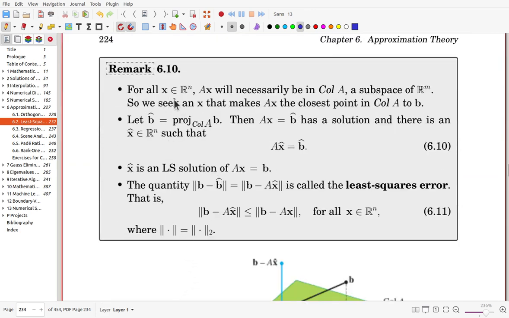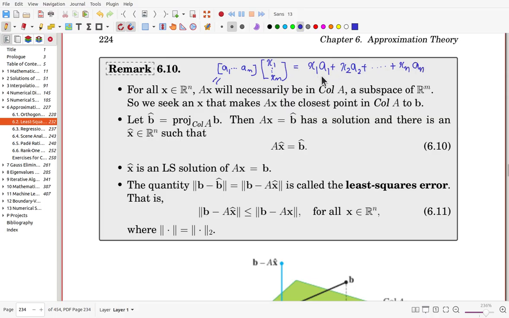For all x in R^n, Ax will necessarily be in the column space of A. Here, the matrix vector computation can be expressed as a linear combination of the columns of A. If A is given by columns a1 to an, n columns, and x is x1 to xn, then Ax can be written in this way: x1 a1 plus x2 a2 plus, and so on, plus xn an.